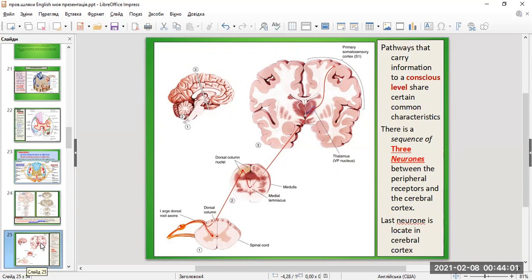Pathways that carry information to a conscious level share certain common characteristics. There is a sequence of three neurons between the peripheral receptors and the cerebral cortex. The last neuron is located in the cerebral cortex.